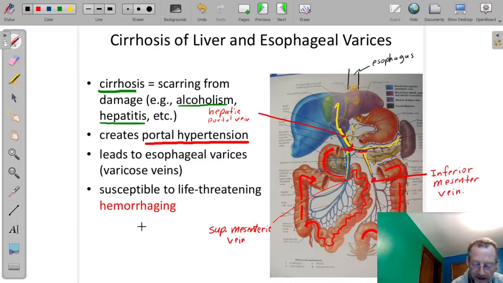So let's pretend that this is a cross section of the esophagus. And here is the lumen of the esophagus. And then there is lots of muscle, of course, that goes around. And there is a blood supply, and then you have these esophageal veins. And the veins are very close to the lumen.